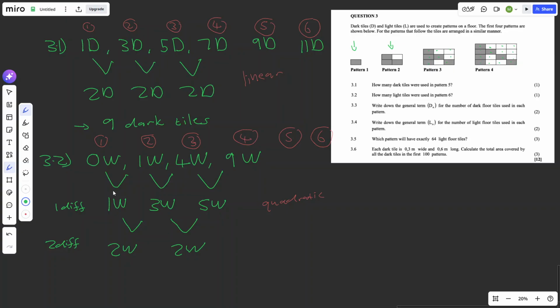Now we want to find the sixth term. So let us quickly see here. Let's find the difference between fourth and fifth, and the difference between fifth and sixth. What we know is that the second difference is 2, so we can just increment by 2.